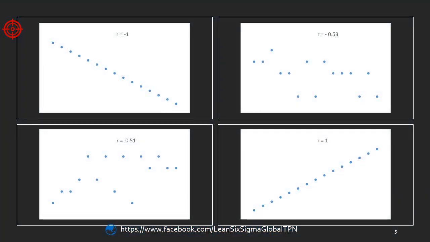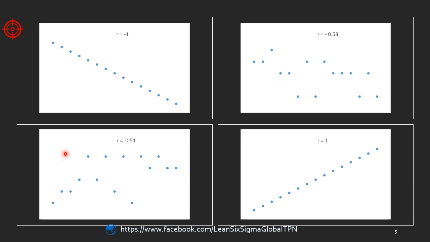The magnitude of the correlation indicates the strength of the association. A correlation near zero indicates a weak linear relationship between the variables.